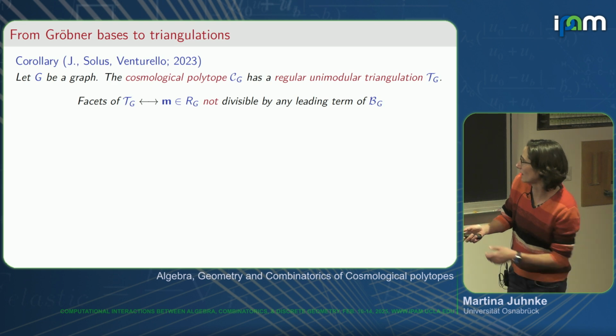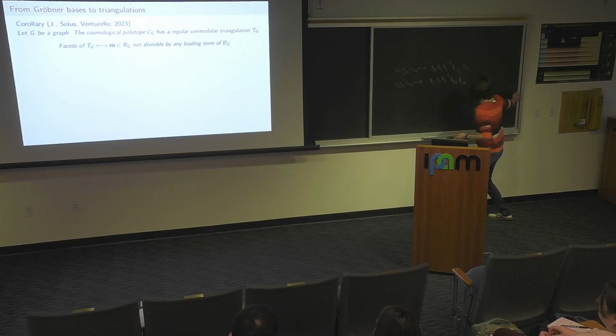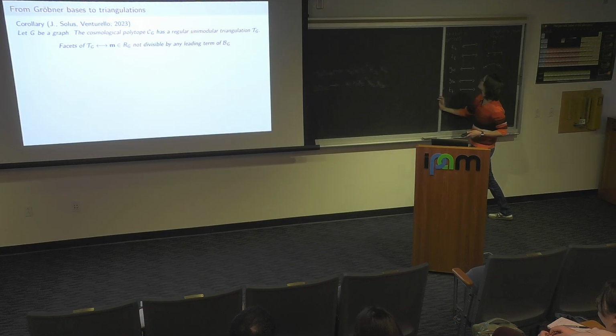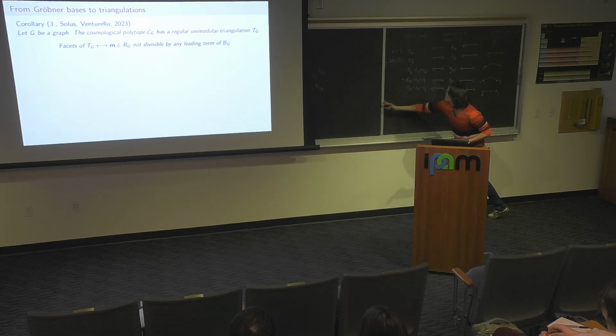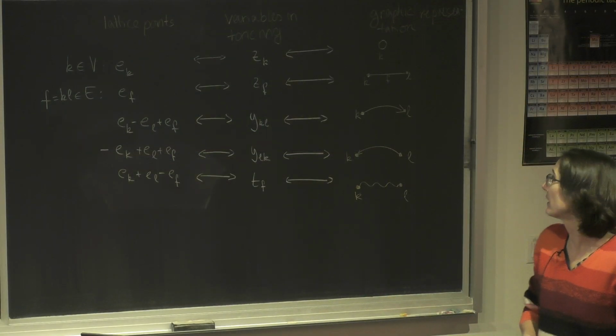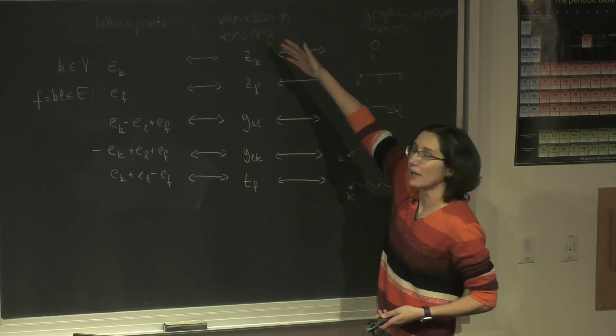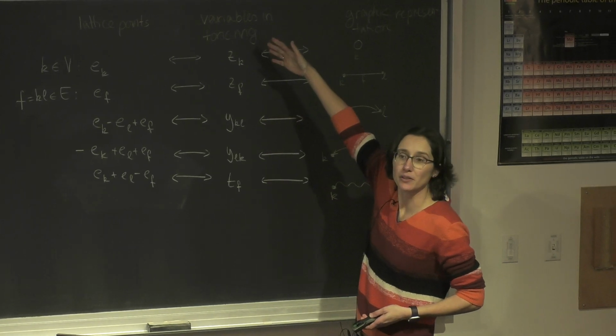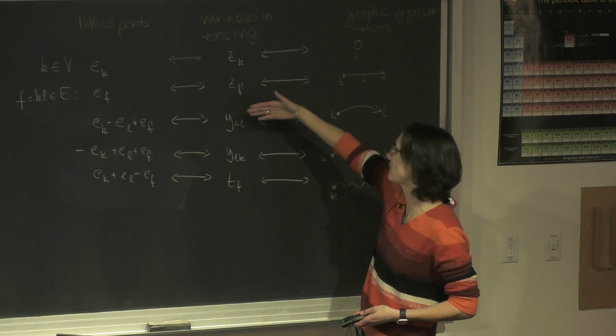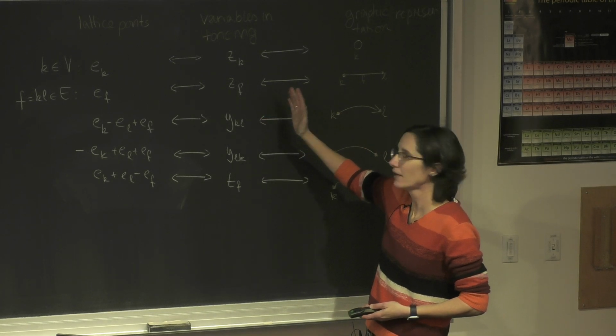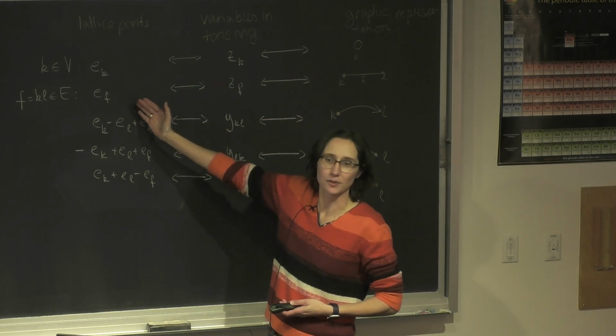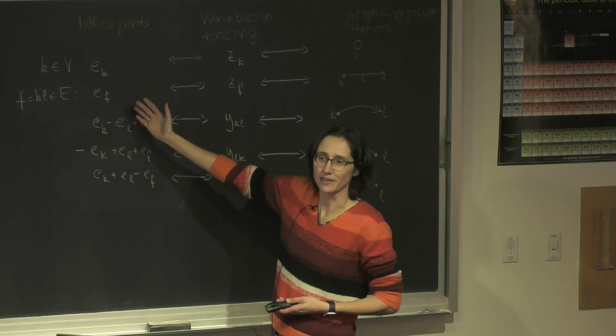Any monomial in R_G is a monomial in these variables, basically. So I have the z variables, the y variables, the t variables. These correspond to lattice points, the way we just constructed everything.